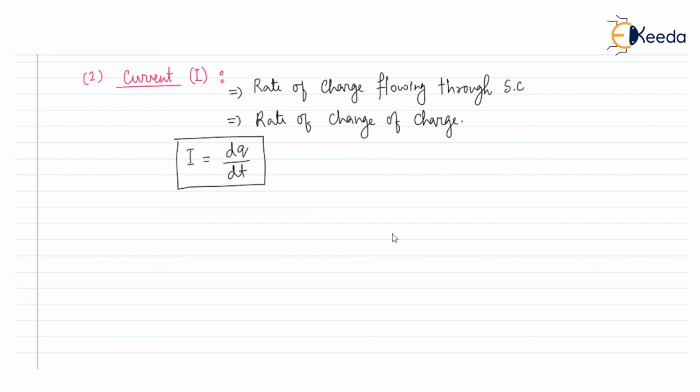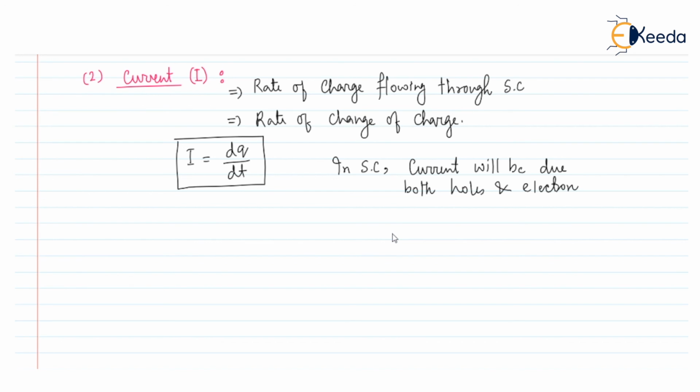This equation is the equation for the current inside the semiconductor, and we know that inside the semiconductor the current is due to both holes and electrons.